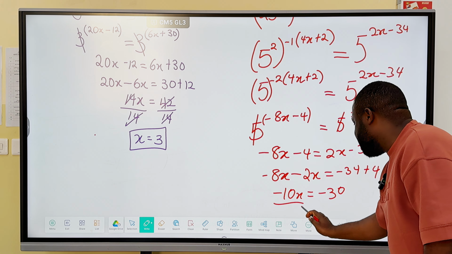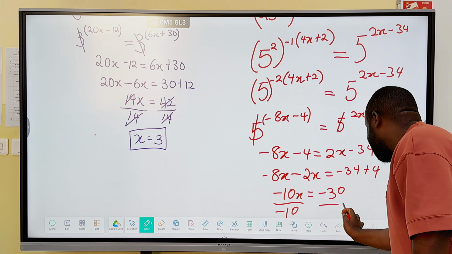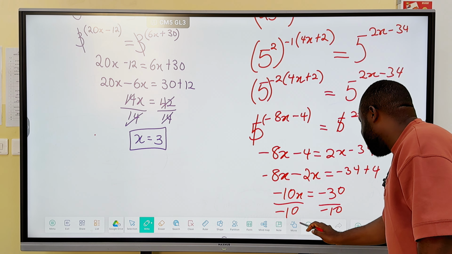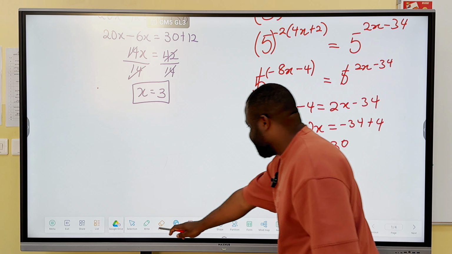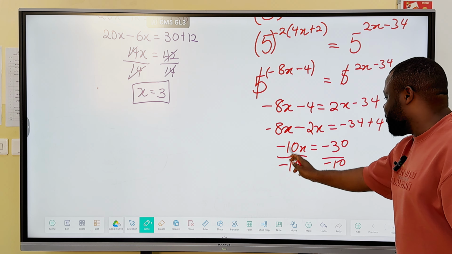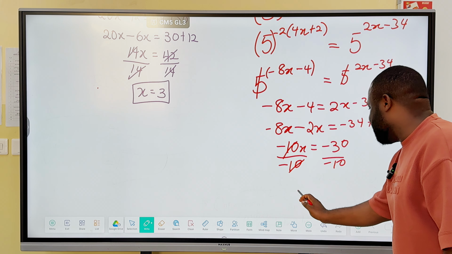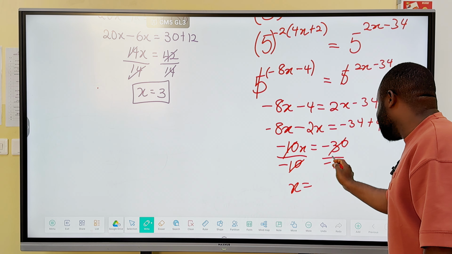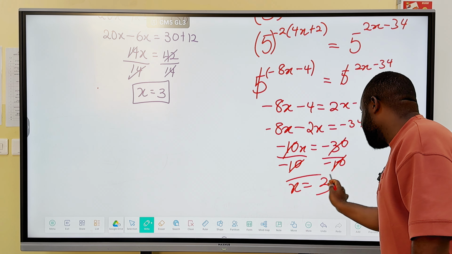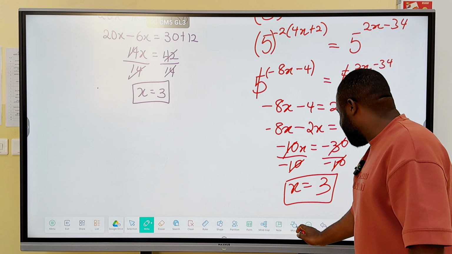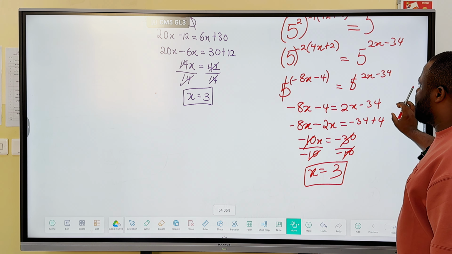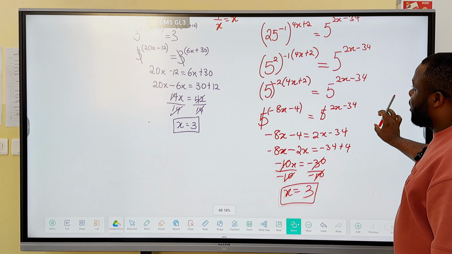When you divide both sides by negative 10, you now have x, and negative 30 divided by negative 10 gives 3. So the solution to this equation is 3.